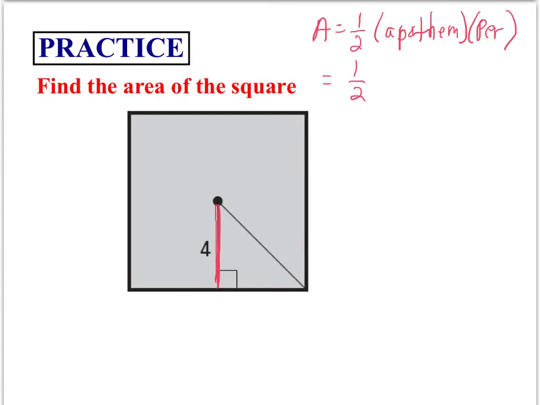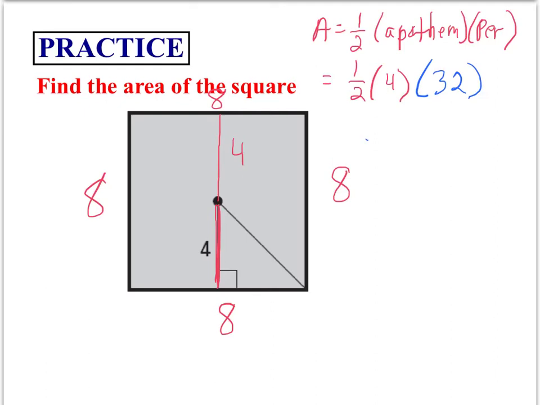So that's 4. And we can figure out the perimeter by thinking, okay, if half of this is 4, then the whole thing has to be 8. So all my sides are 8. If that's the case, I know 8 times 4 is 32. And when I do this, I get 64 units squared.